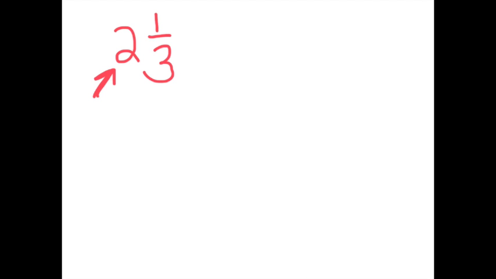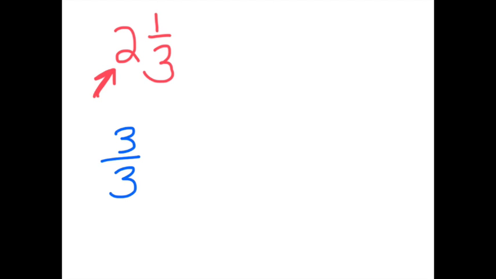So that 2 can really be written as something over 3, and that 3 comes from this right here. We want to write our whole number as a fraction over whatever denominator we're working with. So you might think, sure, we'll write it as 3 over 3.